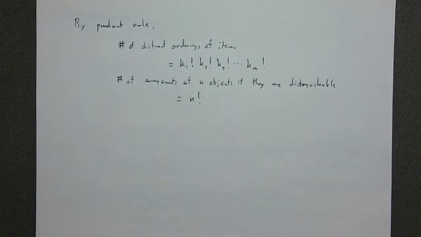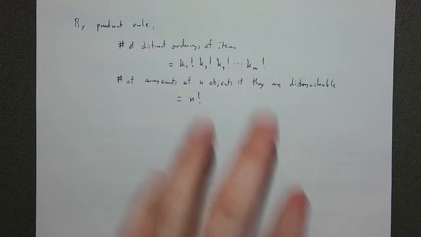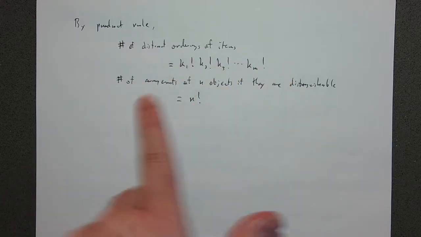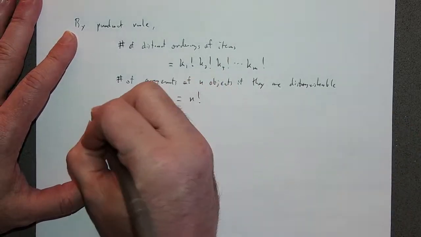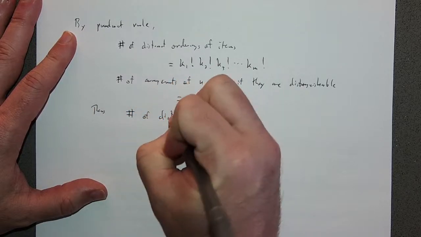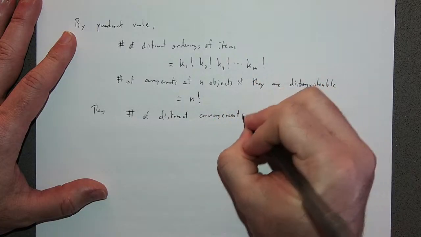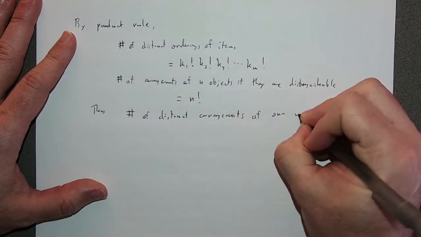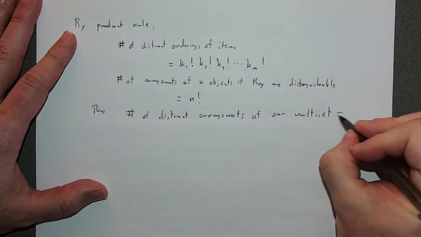So the number of arrangements of the n objects, if they are distinguishable, if we've put labels on them like that, is n factorial. So this number of distinct orderings of each of the items independently is taking place among the n factorial total number, and thus the number of distinct arrangements of our multiset is the following. What is this number?